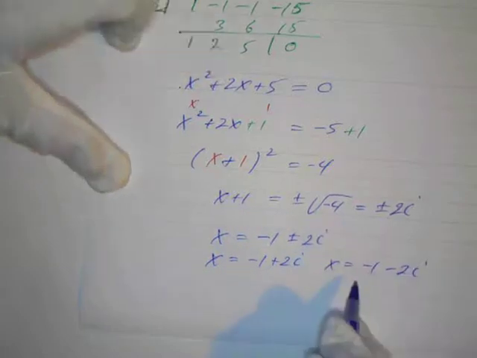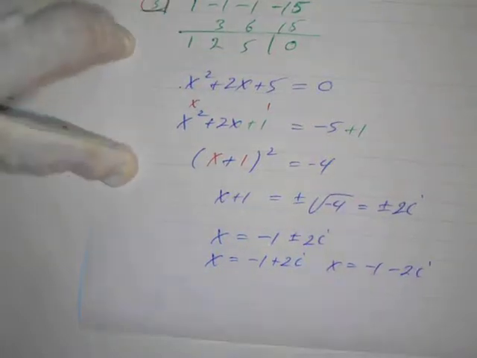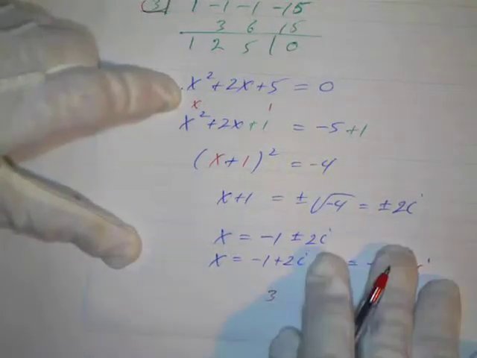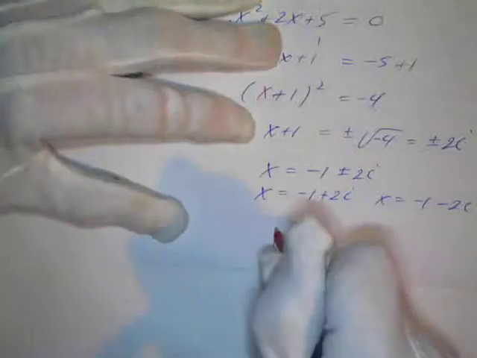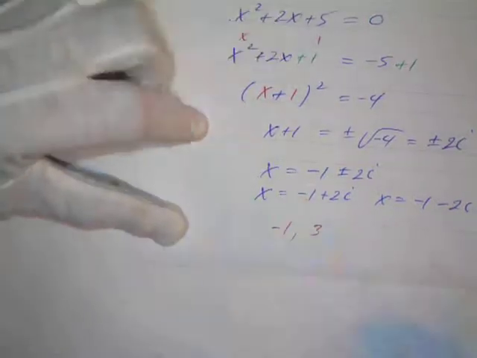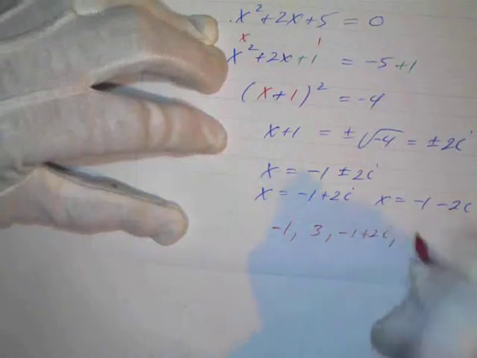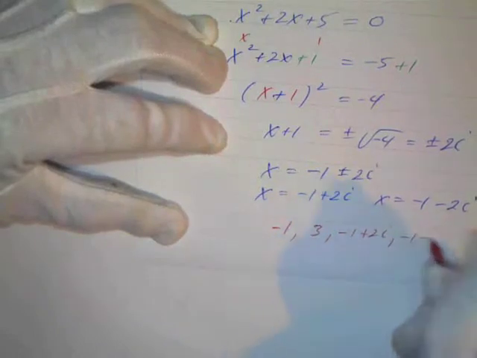So those are two of my roots, and my other two roots were 3 and, up here, negative 1. So I can write negative 1, 3, and I can write negative 1 plus 2i and negative 1 minus 2i, and those are your 4 roots.